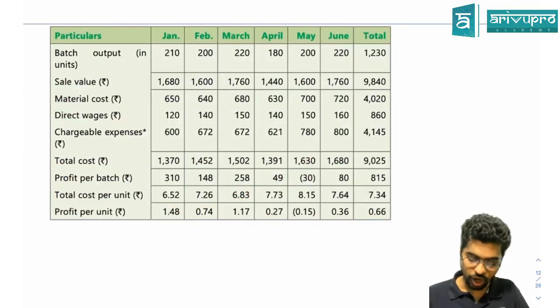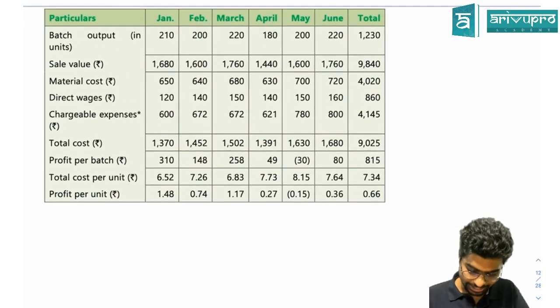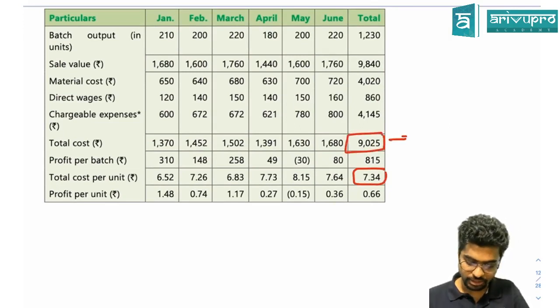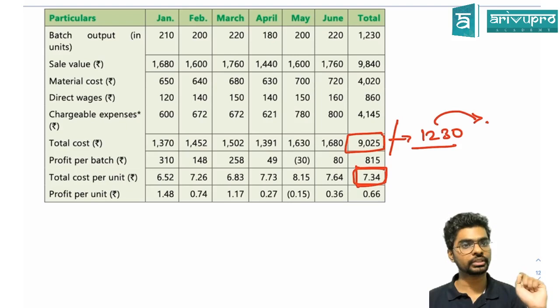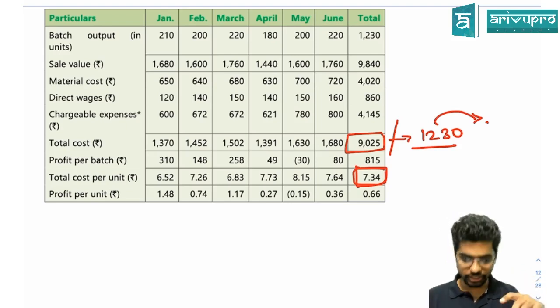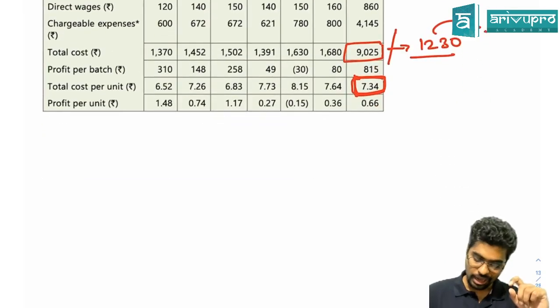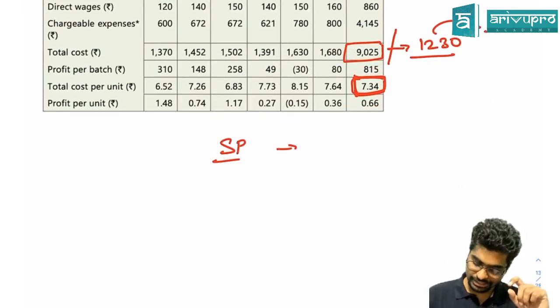Okay, so what I do, I take the average cost. This 9025 is for 1230 units, right. I will find the cost per unit by dividing 9025 divided by 1230. So that is going to give me a cost of 7.34 per unit. I know per unit selling price is 8.